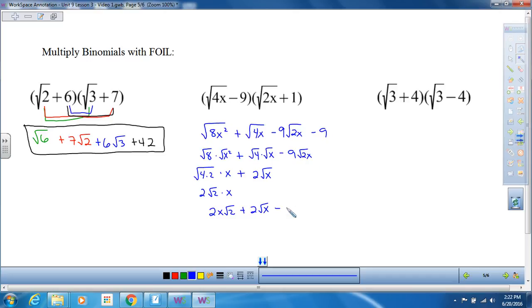There's not a perfect square that goes into 2x, and then your minus 9. Okay, these look close, but they're not the same. They're not like radicals. And remember, what you're looking at is the numbers underneath. So square root of 2, square root of x, and square root of 2x. None of those are the same.